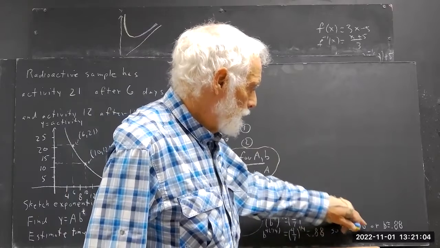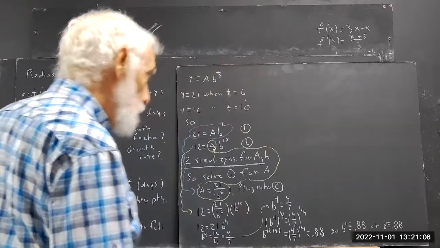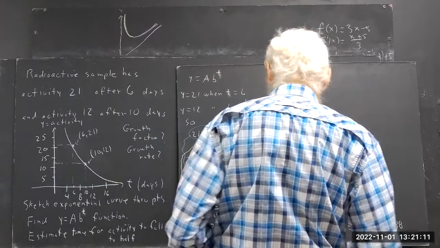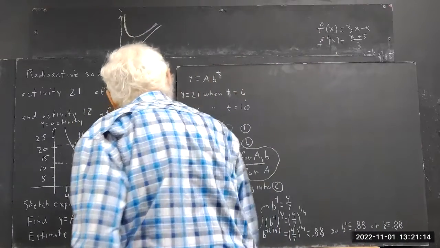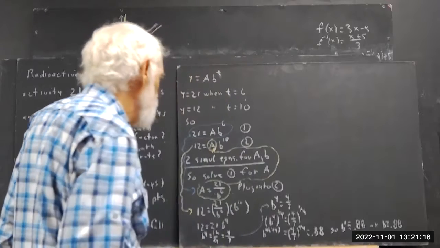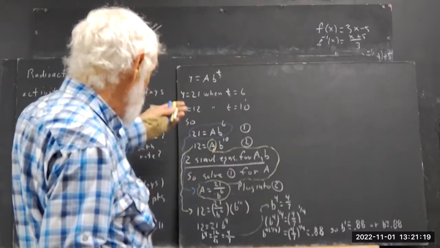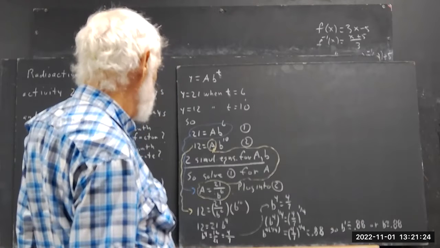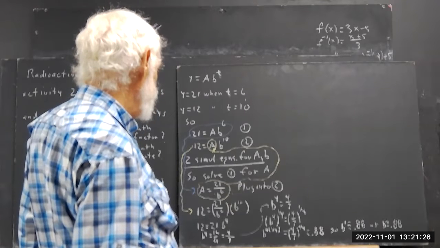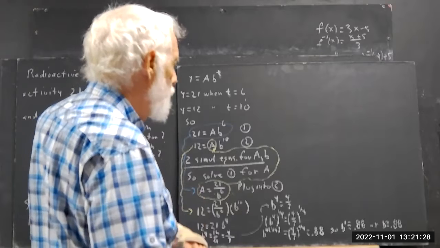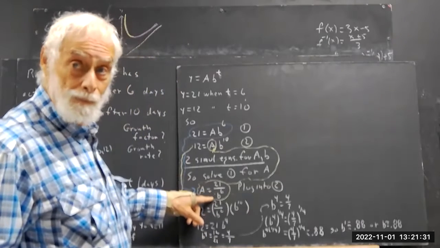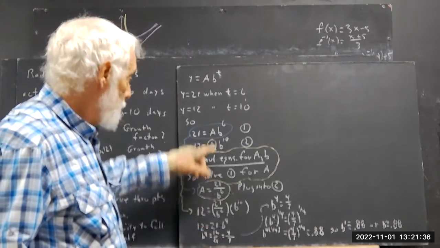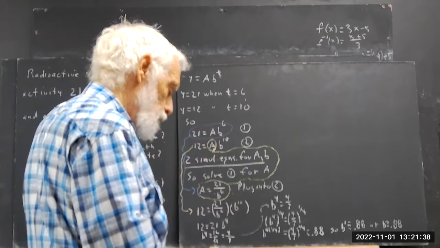So we have B to 1 equals this, so B equals this, approximately. Then what do we do? We take this value and we plug it back into one of the equations. Let's plug it into, well, the most expedient thing would be to plug it in here, since we get a result almost immediately. If we plug it in the other equation, we've got a little more work to do.